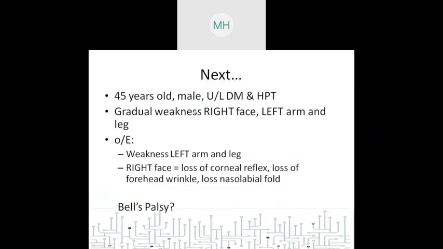Okay, so next we go to a new patient, 45 years old, gradual weakness. Just now sudden onset, now gradual weakness, right face, left arm and leg. So it's a contralateral lesion. Okay. So on examination, you have left arm and leg weakness, right face, loss of corneal reflex, loss of forehead wrinkle, loss of nasolabial fold. Okay, this right face weakness is actually showing you a lower motor neuron pattern.